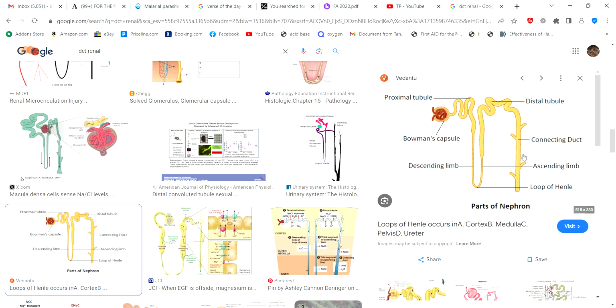Bowman's capsule, PCT, descending and then ascending limb. So DCT and then this is the collecting tubule right here. So basically the distal tubule and the thick ascending loop, and the DCT contain the most dilute fluid.